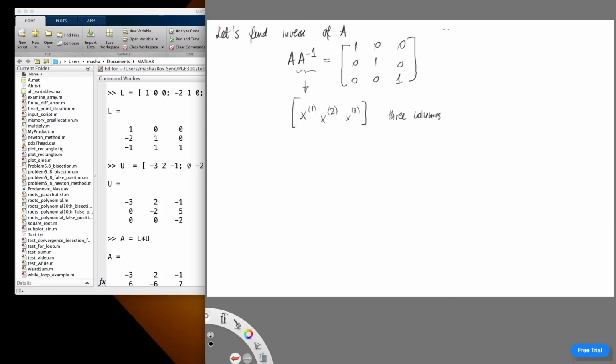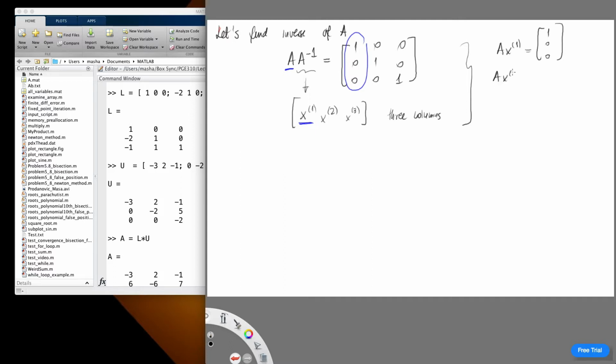Then finding this inverse is the same as finding A x1 is equal to 1, 0, 0. So basically, A times this first column is this first column here. If you actually do the matrix multiplication, that's what it comes down to.